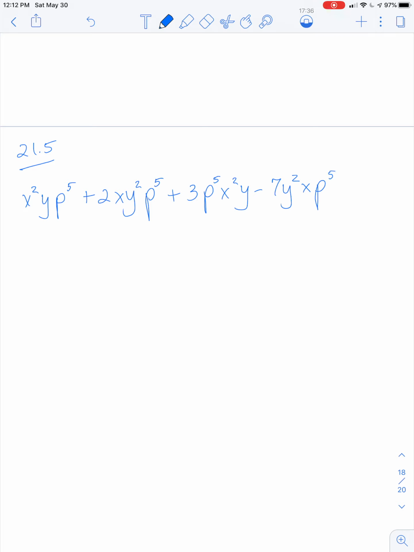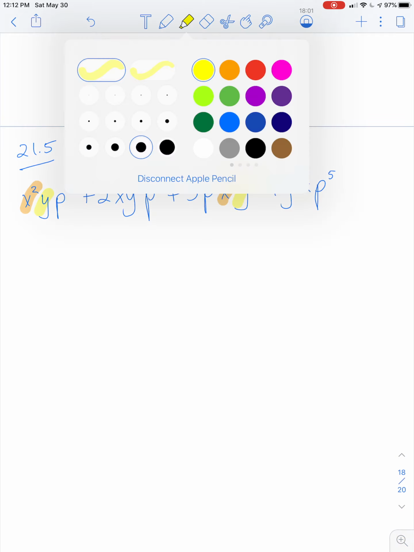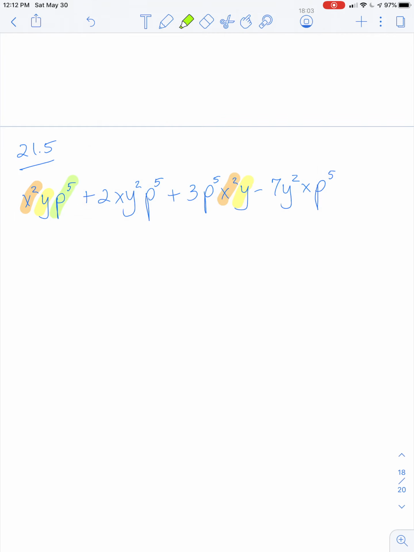All right, so we have to determine where there are like terms. So I'm going to highlight some of the things that I see. I see an x squared, and that's it. I see a y, and I see p to the fifth.